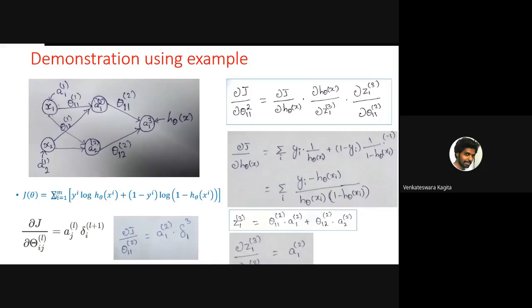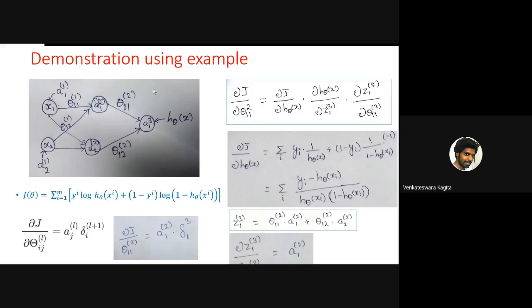Okay, so which is my cost function. So I have to take derivative of J with respect to theta ij, and which means in this case it is here theta 112, and I update theta 112 equal to theta 112 minus alpha times derivative of J with respect to theta 112. Simple, very simple, right?